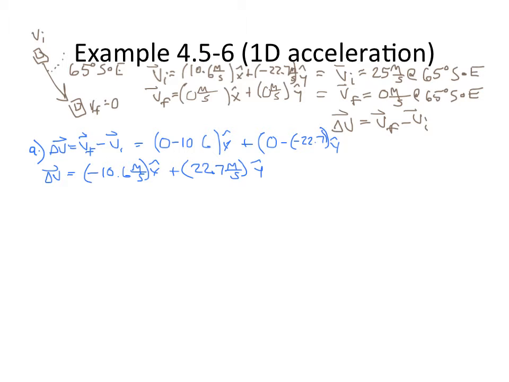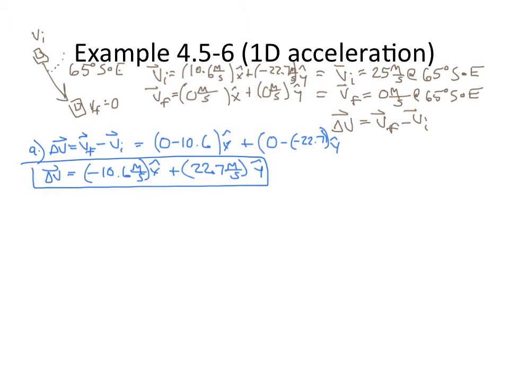Now the one thing you'll notice is that the initial velocity was positive 10.6 meters per second x hat and negative 22.7 meters per second y hat. You'll notice that the change in velocity is just the opposite. Because it went from having an initial velocity to nothing, the change must be the negative of what the initial values were. So that's our change in velocity in unit vector notation.